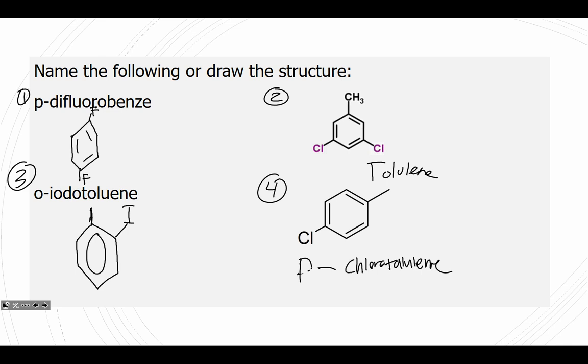Chloro something? Yep, dichloro. Where are your dichloros at? Numbers 2 and 3? No, 1 starts at the methyl. 1, 2, 3, 4, so 3, 5. Yep. Dash. No, not there. Oh, right there. Yep. Okay, that's it.